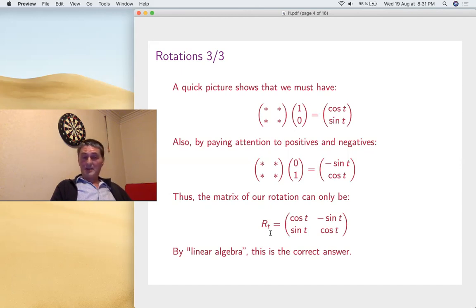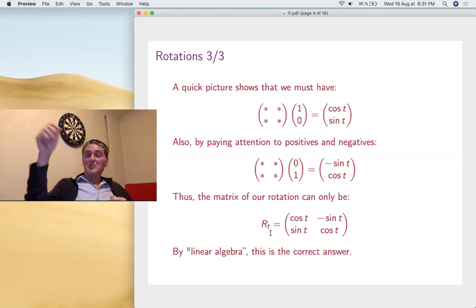Now the problem is, is this matrix the good one or not? I mean, it can only be this. But what we know is that the transformation associated to this matrix maps (1, 0) into its rotation by angle t. That's what we did first. And also (0, 1) it maps in what it should map, I mean, the rotation.